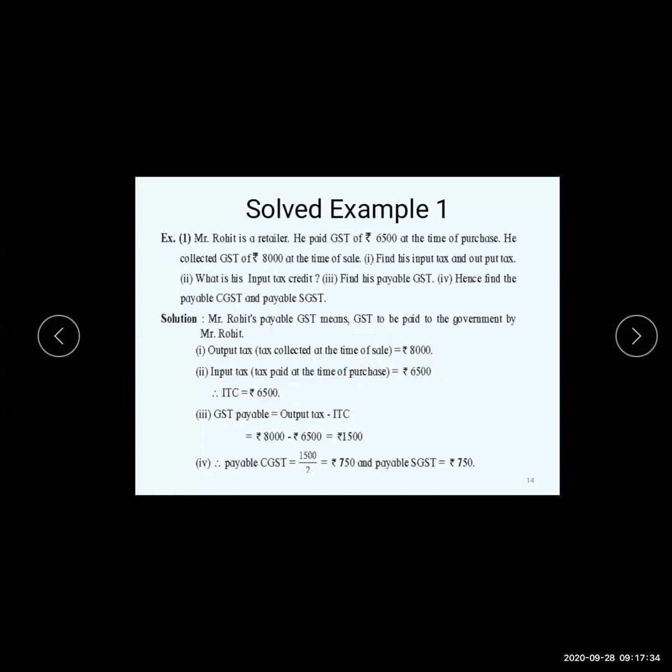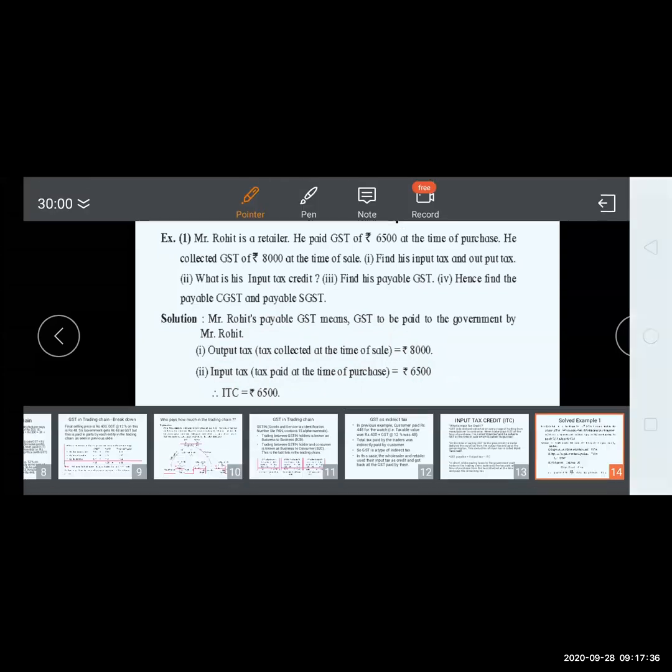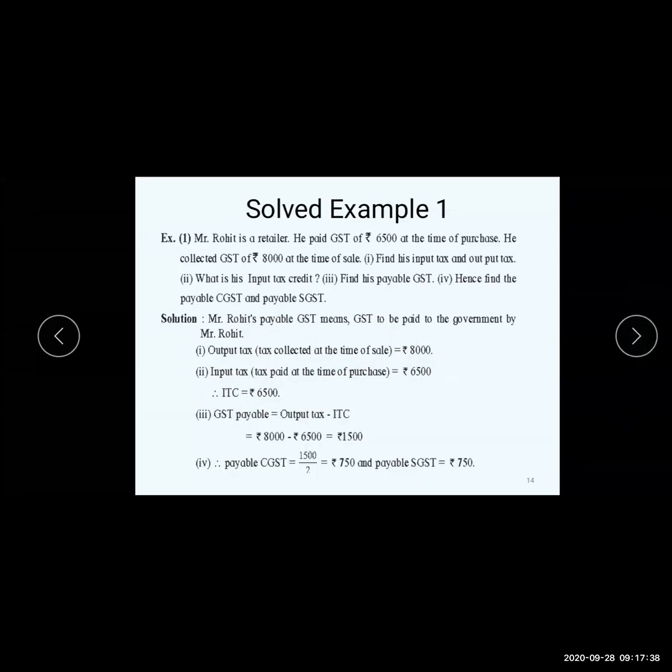GST payable is output tax minus input tax credit. So 8,000 rupees minus 6,500 rupees, because the person paid this tax while he was purchasing that thing. So rupees 8,000 minus rupees 6,500 will be rupees 1,500.